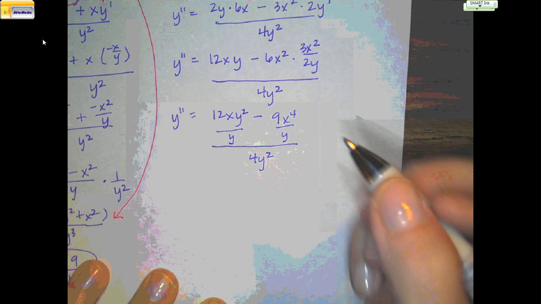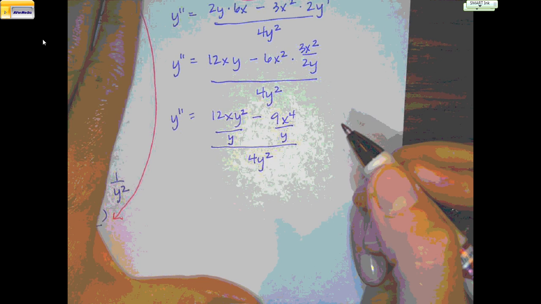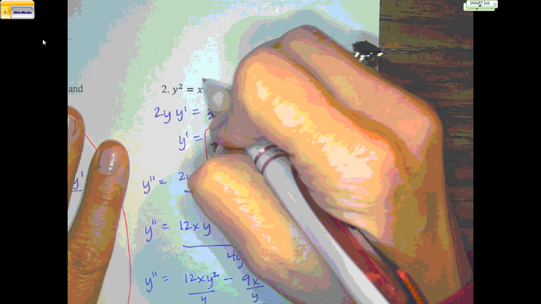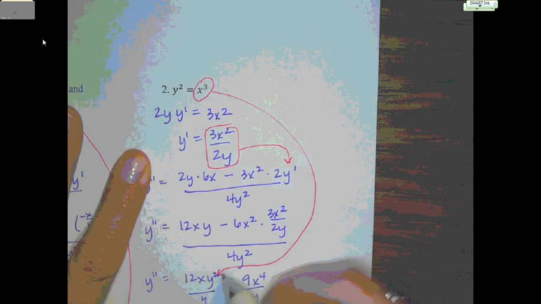Now, just to save us a pencil lead, I'm going to fix this right now too. This says y squared equals x cubed, so I'm going to take that x cubed and plug it in for my y squared right there.